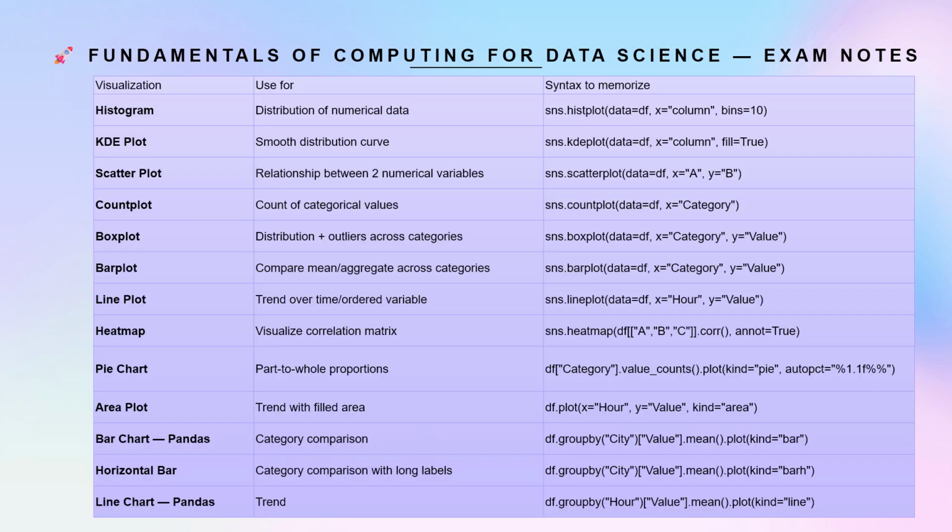Now this is all that we have covered till now, summarized into a single table with the syntax along with it. Like for a histogram you can use seaborn, sns.kdeplot.